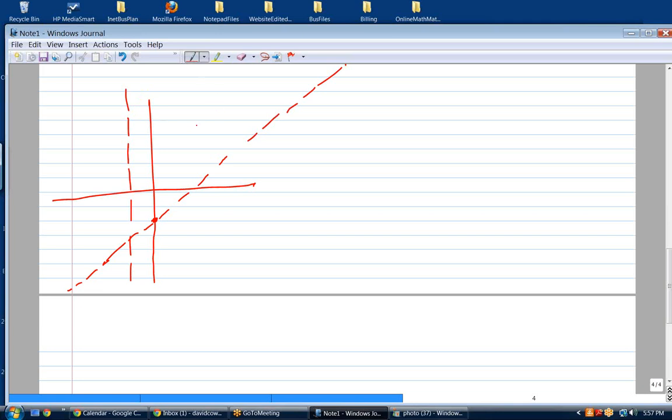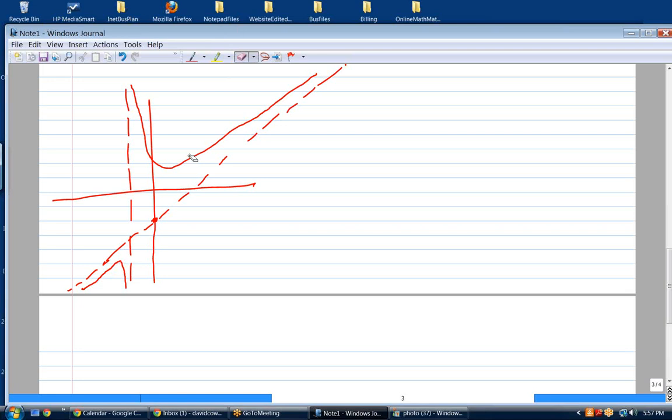Remember that the graph has to be asymptotic with these asymptotes. So it's got to look something like this. That's first and third, if you want to think of it as first and third quadrant.